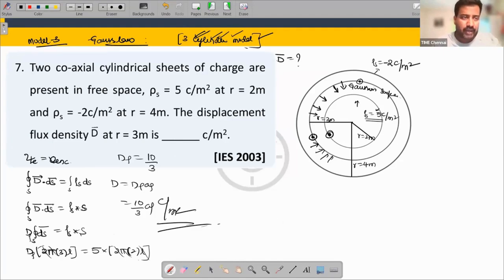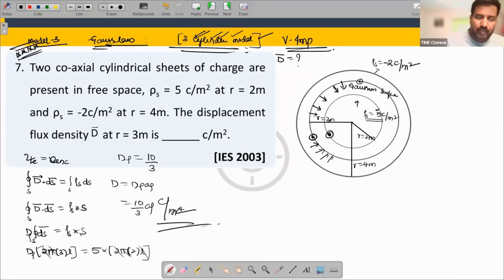That's why this is very important. If you're doing it for the first time and don't know the concept, you'll get very confused. You cannot do any guesswork until you know the actual procedure. That's why it's very important from an examination point of view. This is the three cylinder model, application of Gauss law.